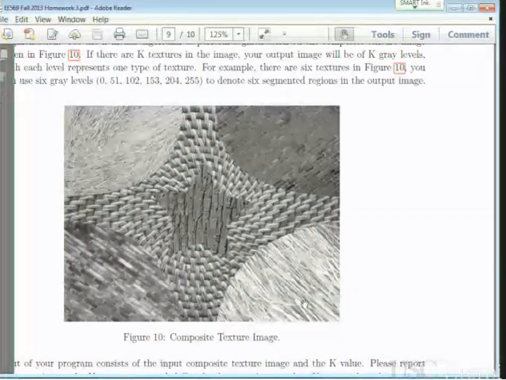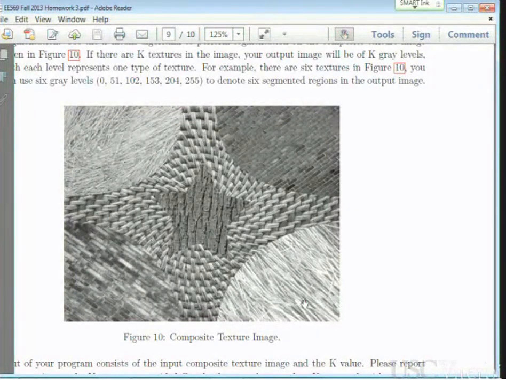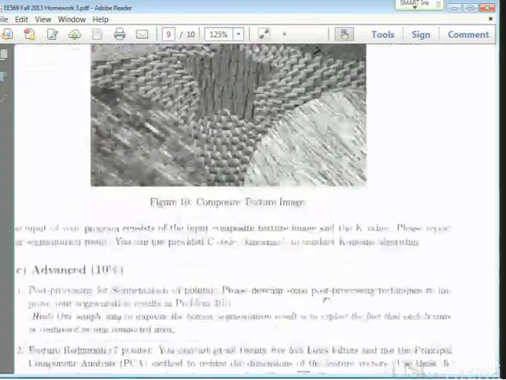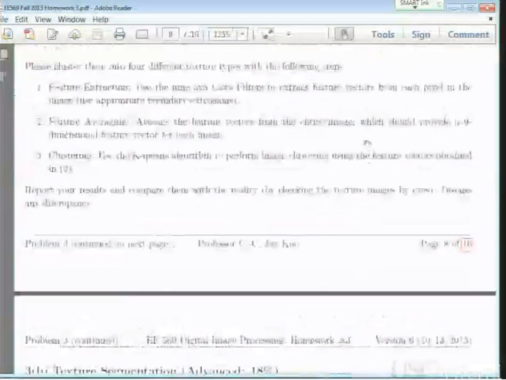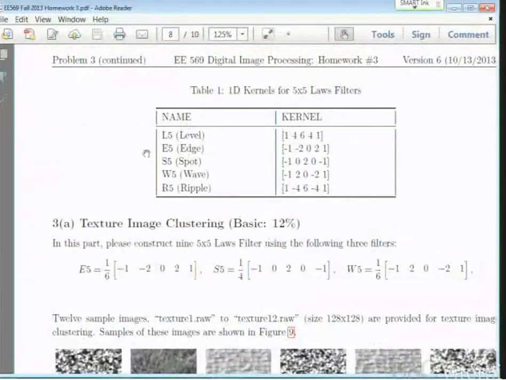Edge, spot, averaging. And later on in the 5x5, there are so-called wave and ripple. There are different local structures, like edge, spot, wave, ripple. This is called local structure. So he looked at the spatial domain, at different local structures.